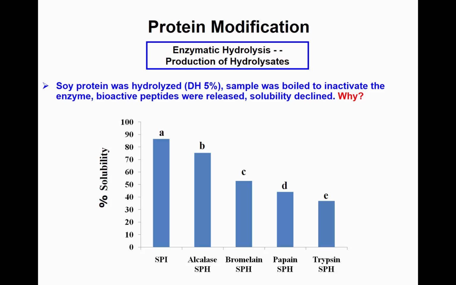So different enzyme resulted in a different peptides profile. Some were more hydrophobic than others. But we weren't able to enhance solubility in any of them. Other than the differences among them due to the type of peptides generated, there's another thing in this question that would lead to an answer.